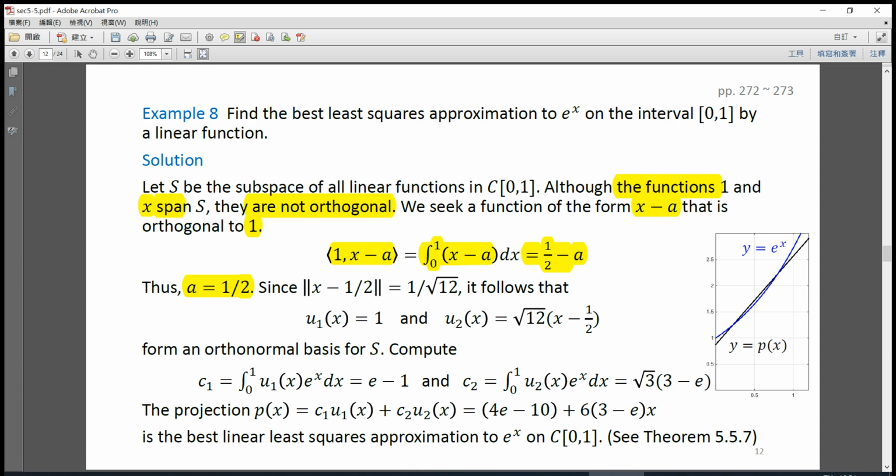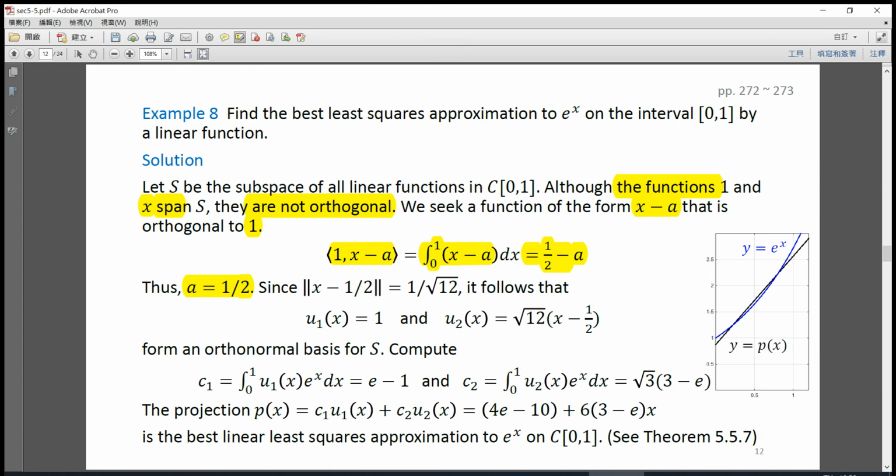Next, we will construct an orthonormal basis from the orthogonal set. This is straightforward. We just compute the length of each vector in the orthogonal set, and we divide each vector by its length.